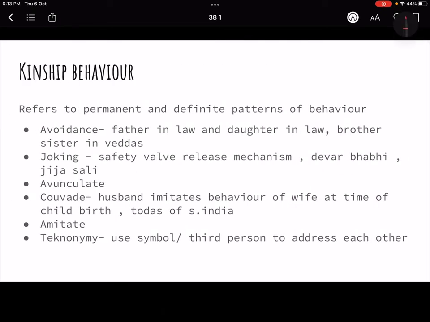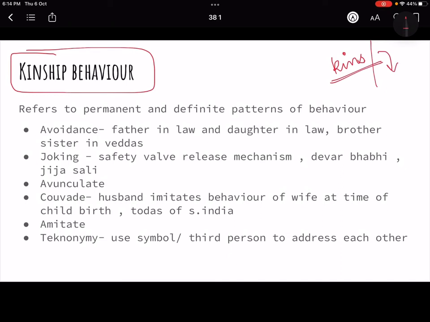Now comes the next topic, which is kinship behavior. Now basically हमने kins के बारे में बात की है. Kins are basically the people who are related to you either by marriage or by blood, and then we had studied about kinship terminology also, how they call each other, and that calling also gives us a point of view of the status and roles associated with them.